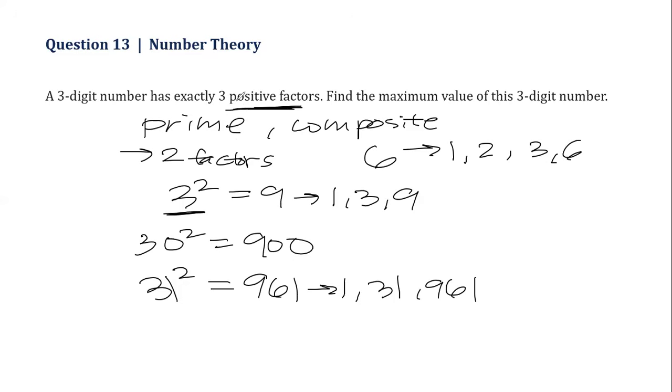If the square happens to be the square of a composite number, it's going to have more than 3 factors. So it has to be the square of a prime number. Does that answer your question? So if a prime number is squared, it always has exactly 3 positive factors. Yes. Okay, thanks, miss.